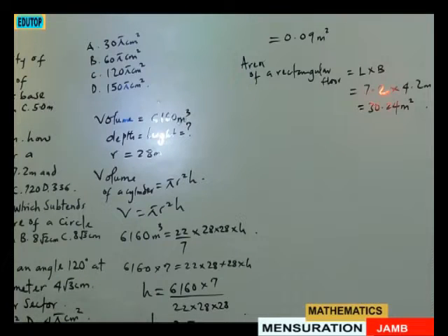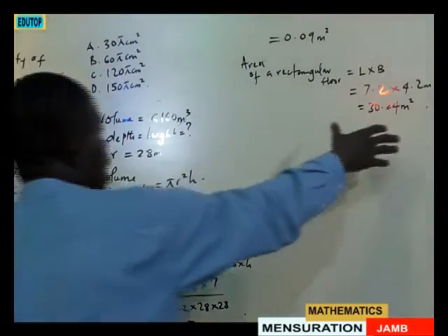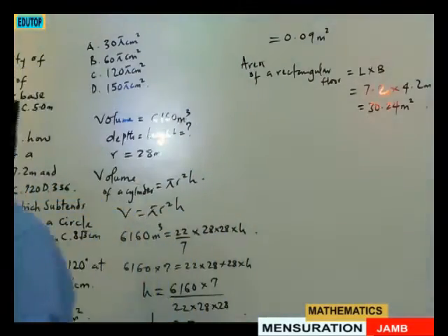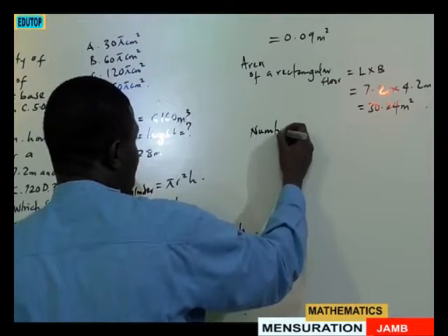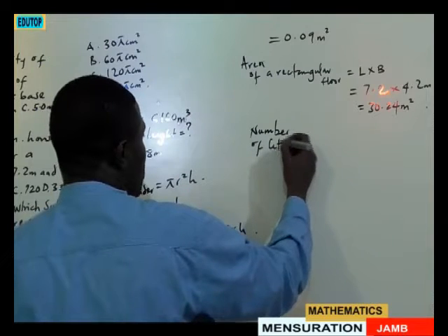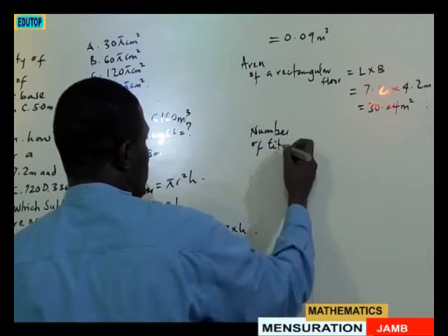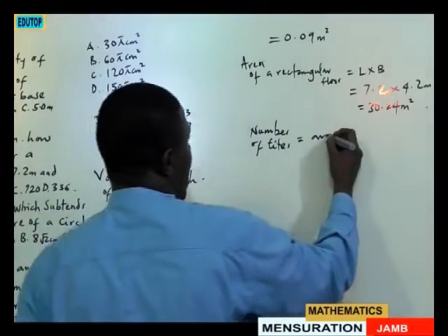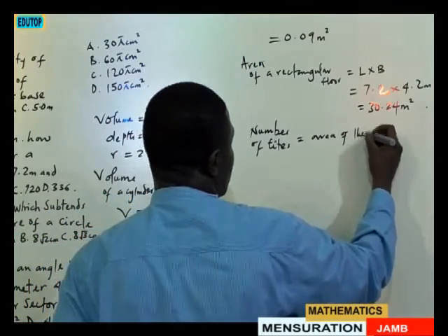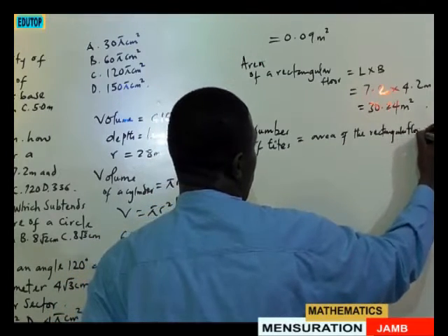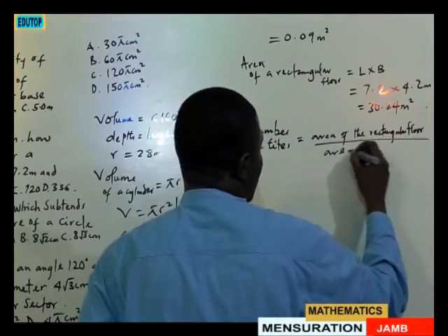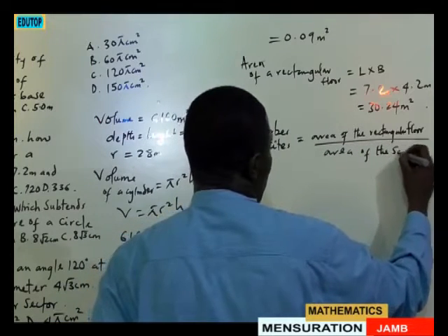So the question is now asking how many of these tiles will cover a rectangular floor. The area of the rectangle has been calculated. So if you want to know the number of tiles that will cover that rectangular floor, number of tiles will simply be area of the rectangular floor divided by area of the square.